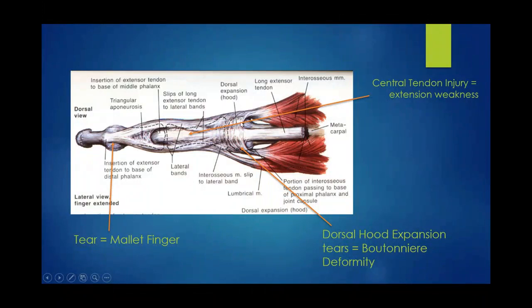If injury occurs to the dorsal hood, which is a retinacular structure that essentially envelops the MCP joint, where the extensor tendon is maintained in place, and then some of the intrinsic muscles and tendons are connecting into, if that structure is injured, it will allow these intrinsic muscles and tendons to migrate volar relative to the axis of the joint, and you'll get a boutonniere deformity, which is essentially hyperextension of the MCP joint, hyperflexion of the PIP joint, and hyperextension of the DIP joint.